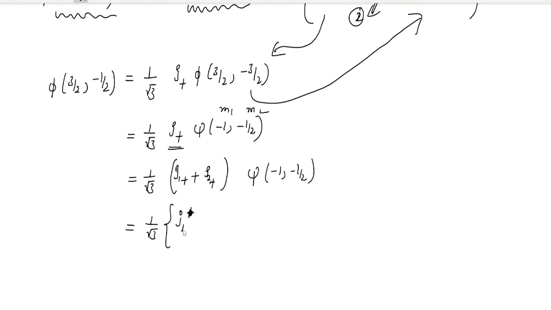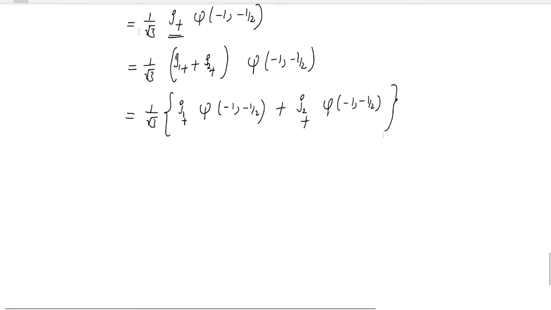It is better to write here as j1 plus operator on this state, plus j2 plus operator applied to this state minus 1 divided by 2.